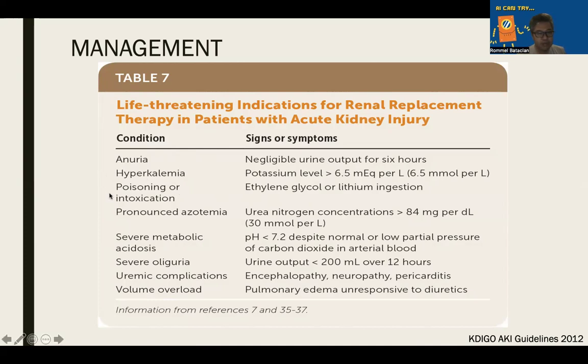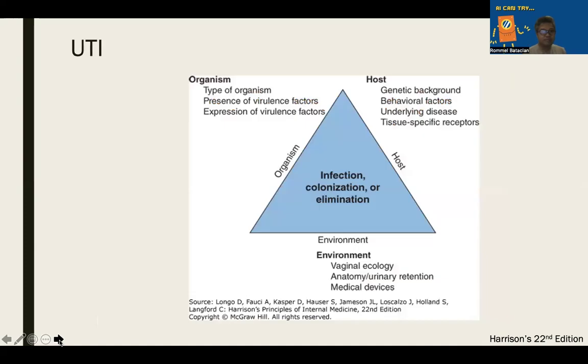But a very important difference here would be the poisoning or intoxication. But for the other conditions or the other indications, they're pretty much the same indications as chronic kidney disease.